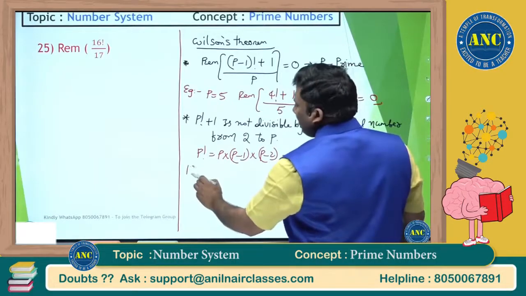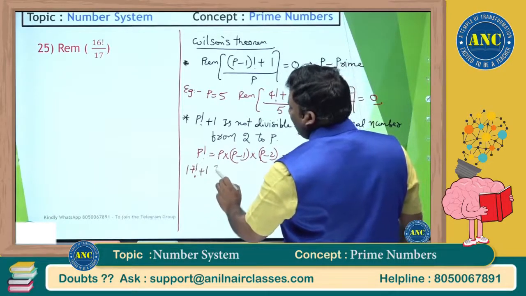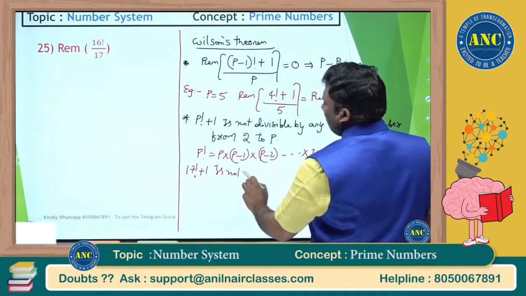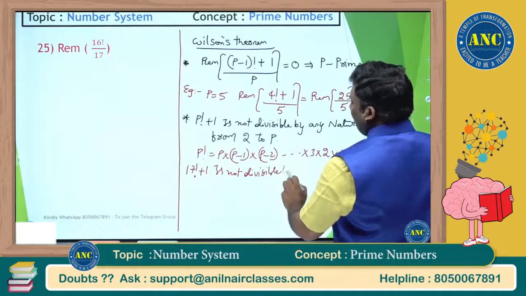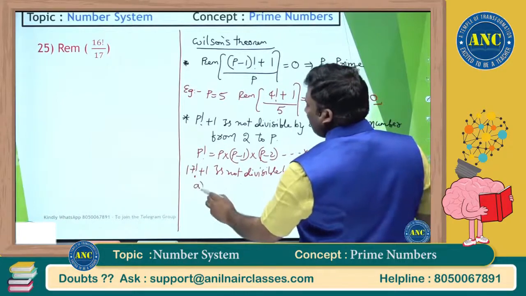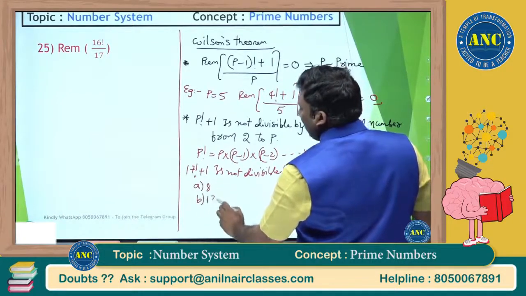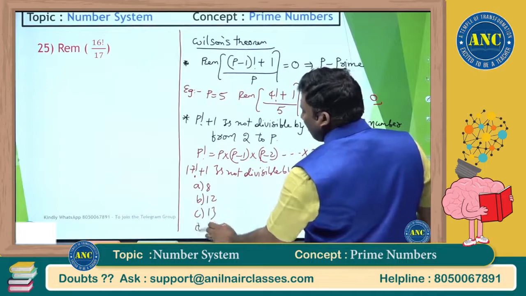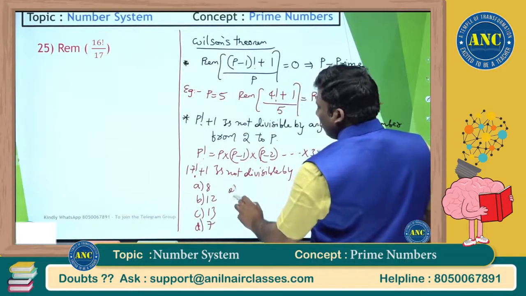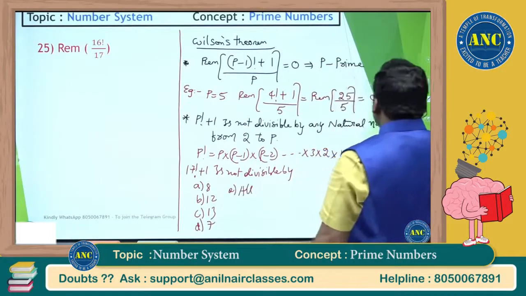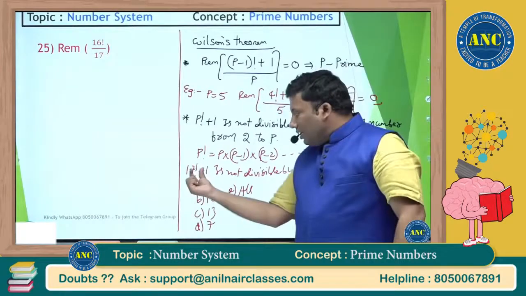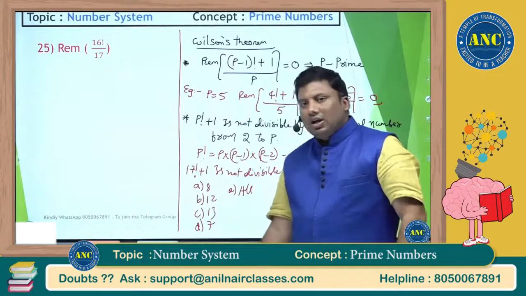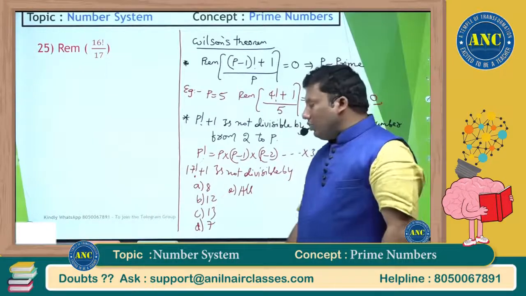Suppose 17 factorial plus 1 is not divisible by 8, 12, 13, 7, or any of these. 17 factorial is the product of all the numbers from 1 to 17.